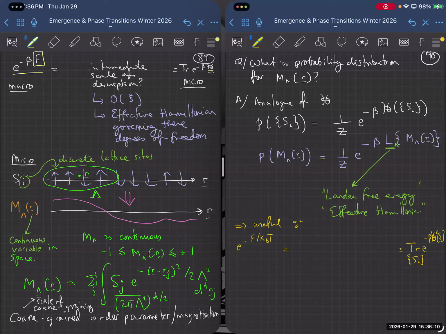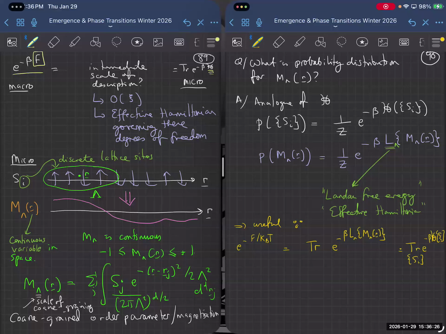And now, in the middle, we have e to the minus beta times L lambda of m lambda of r. Now I have to know what the trace is.